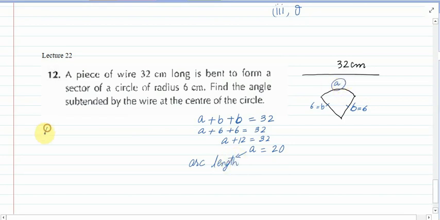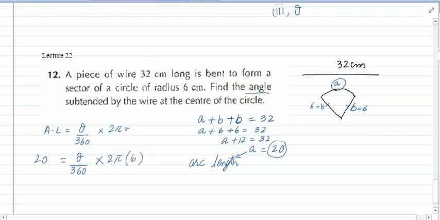You know the working formula of arc length is angle divided by 360 multiplied by 2 pi r. Now substitute the values. Arc length we got is 20, angle is unknown, divided by 360 multiplied by 2 pi, radius is 6, right?